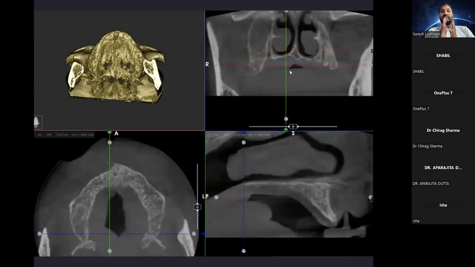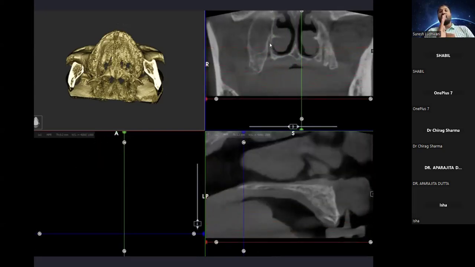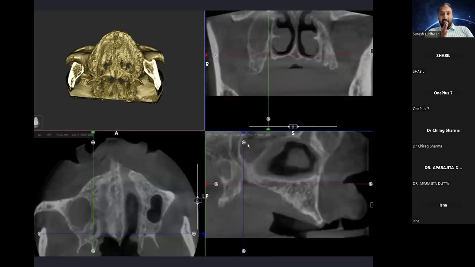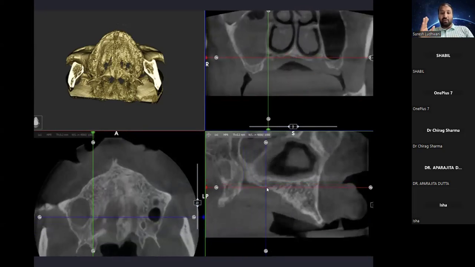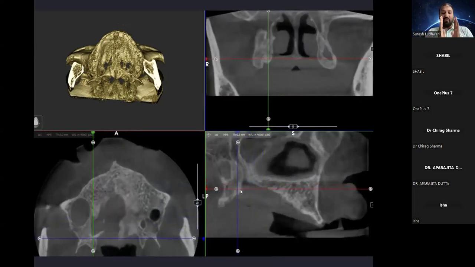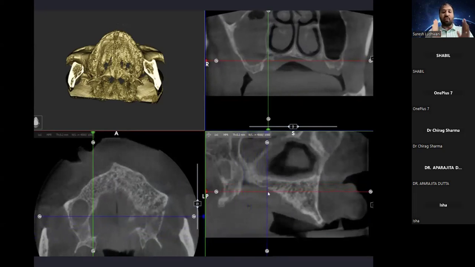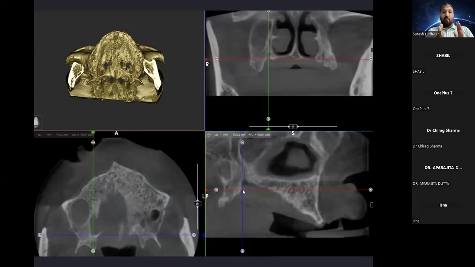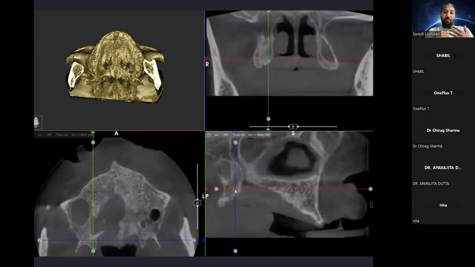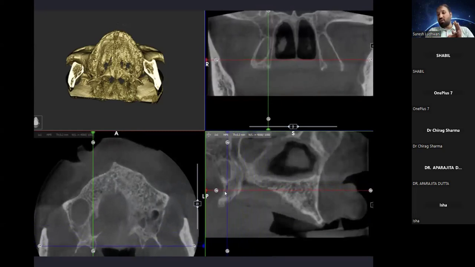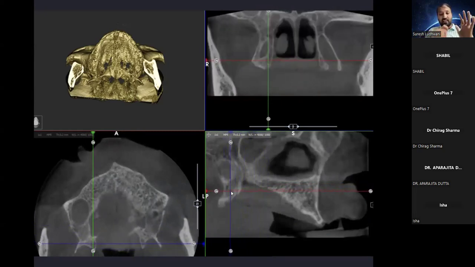Now, remember, these structures are present medially and palatally. So ideally, if you are staying within your bone, you are never going to hit them. But somehow, if you get ambitious and you are not getting torque and you are going like this, then you will go and hit.